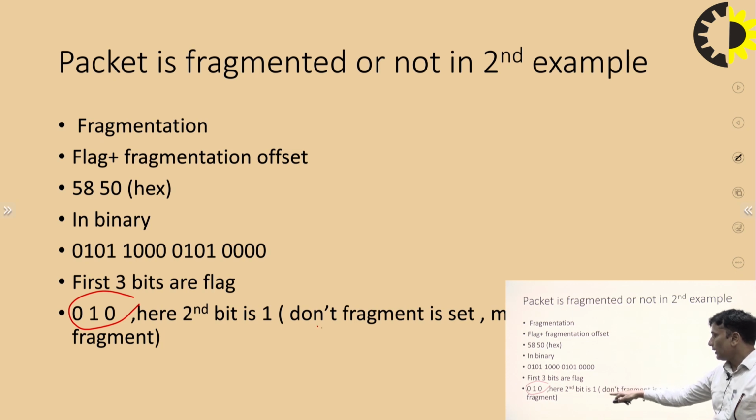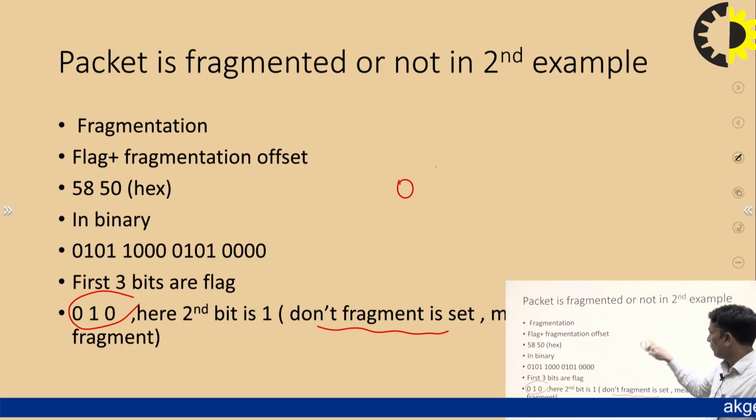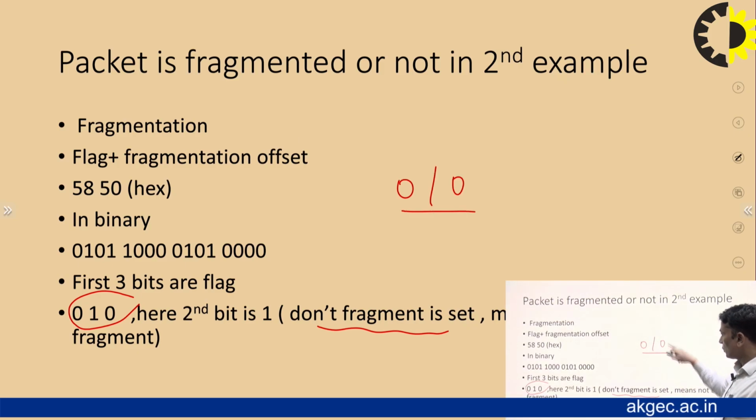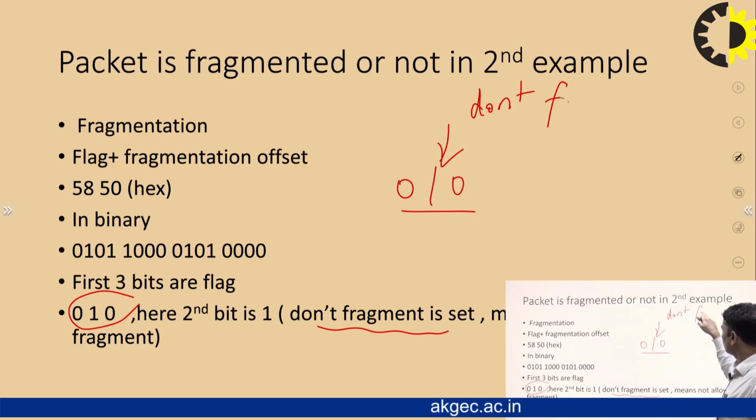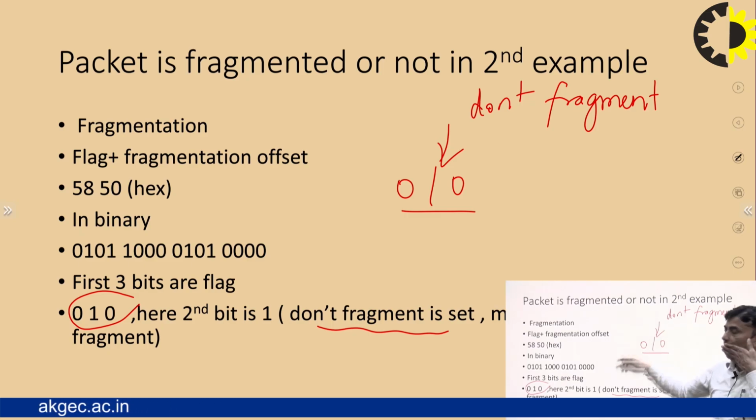The second bit always represents don't fragment, meaning fragmentation is not allowed. Okay, 0 1 0 is the 3 flags. Don't fragment means fragmentation is not allowed.